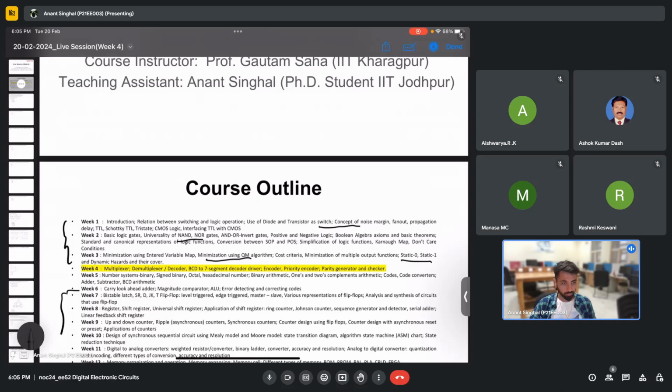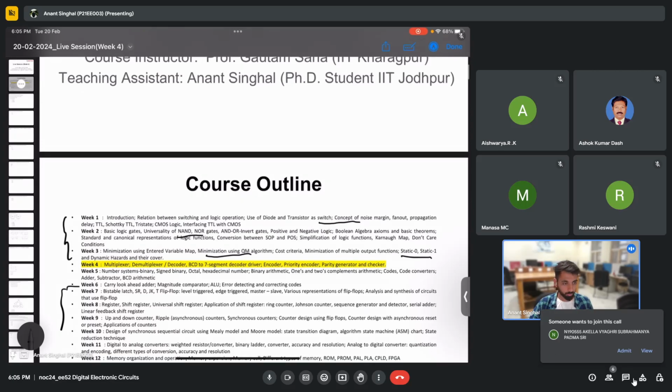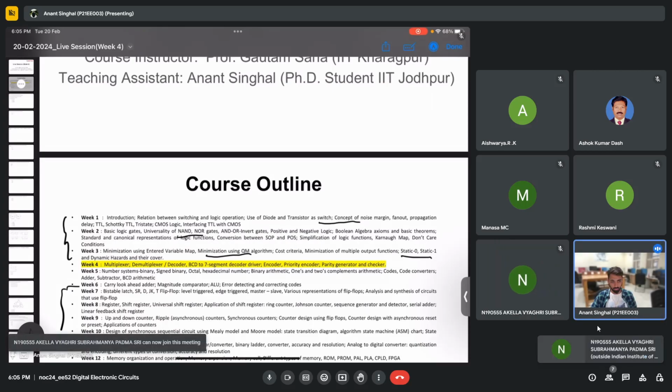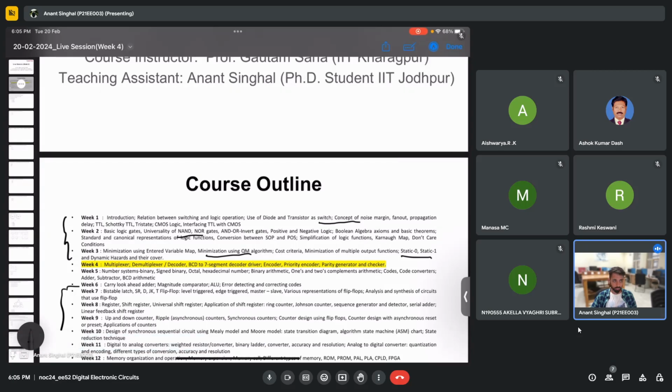So I gave you some problem in the last week, so do you want me to cover that problem also? Has anyone done that? I've given you certain problems to make some expression using only NOR gates. Should I cover that, or should I straight away start from this particular topic? Please suggest.